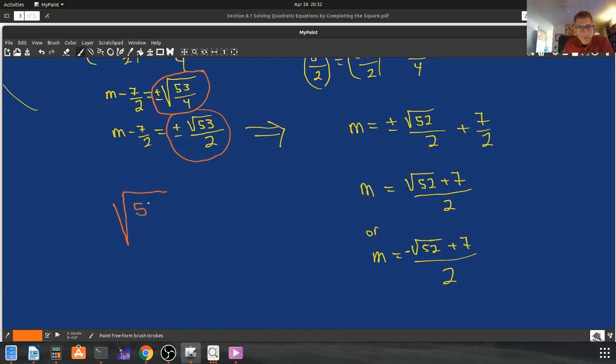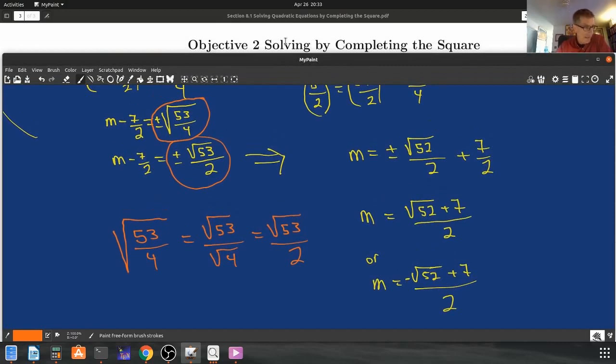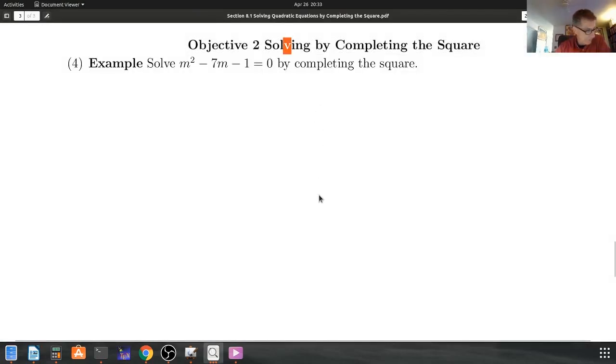The square root of 53 over 4 using the quotient rule is the same as the square root of 53 divided by the square root of 4, which is equal to the square root of 53 over 2. And that's how I got my plus or minus square root of 53 over 2. I think I have one other one I want to do.